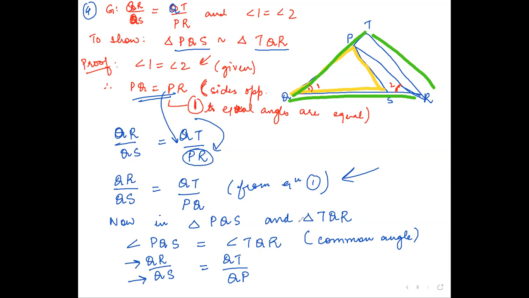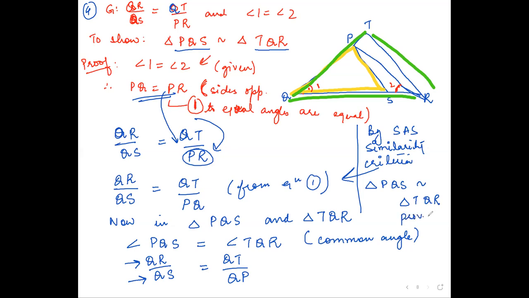Yes, SAS. Two sides are in proportion and one angle is equal. So by SAS similarity criterion, triangle PQS is similar to triangle TQR, and this we were supposed to show. Please write it down.